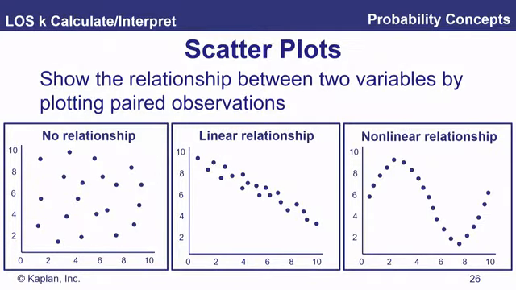No. This is more of a sine wave, a curve relationship. So that's how we're going to view scatter plots. Mostly we'll be dealing with linear relationships, and not only saying yes, it's a linear relationship, but what does the slope of that relationship look like? Is it steeply negative, steeply positive?